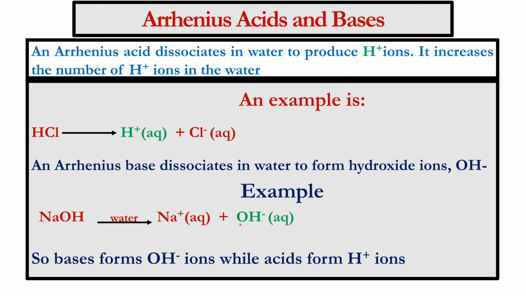So this is an example of Arrhenius base. So bases form hydroxide ions while acids form hydrogen ions. So just remember that Arrhenius acids form hydrogen ions in water while Arrhenius bases form hydroxide ions in water.